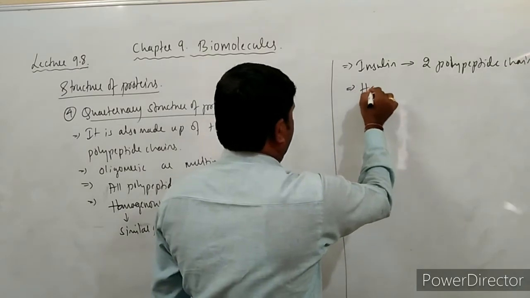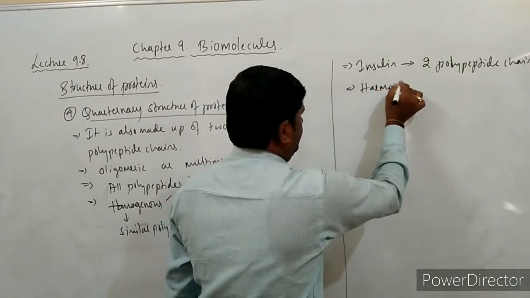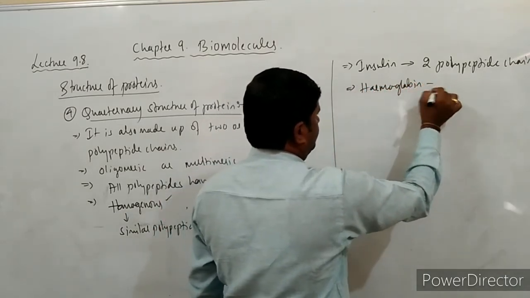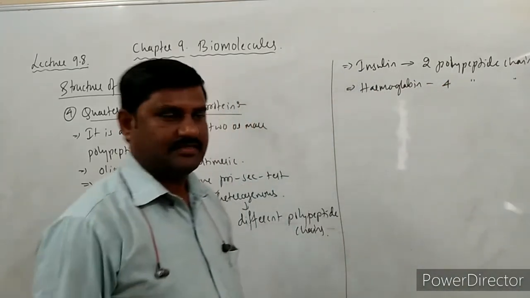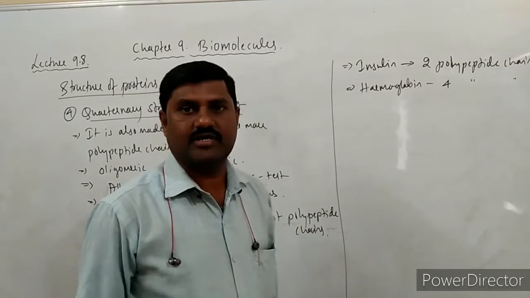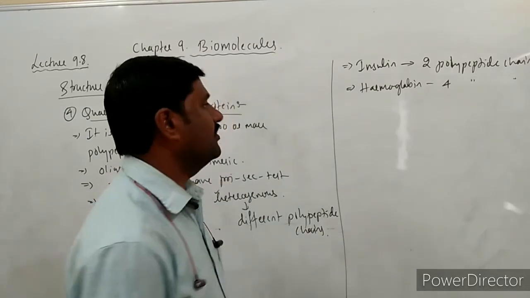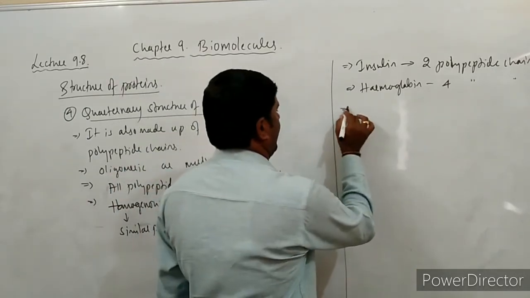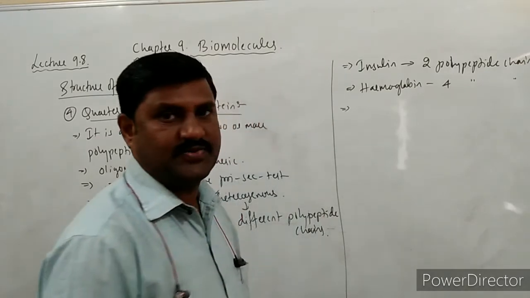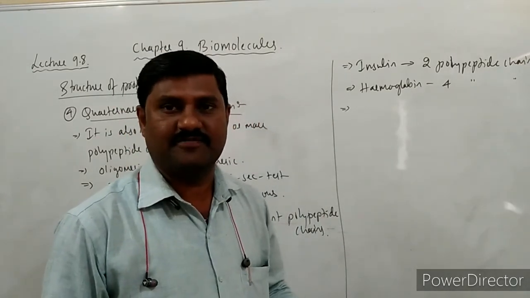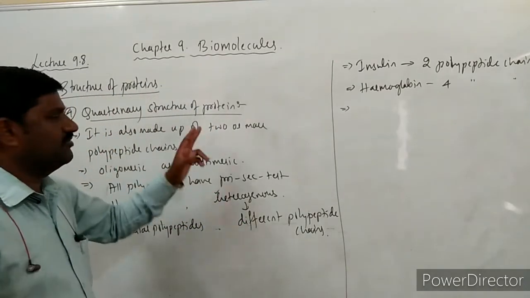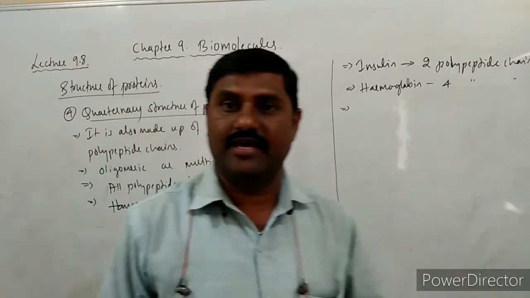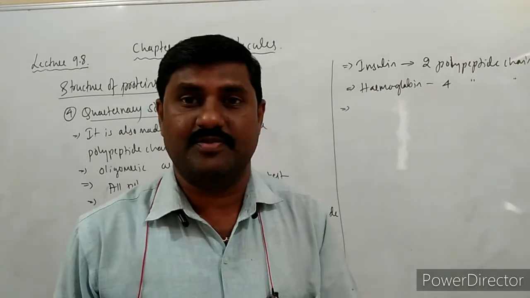And hemoglobin is made up of four polypeptide chains. These are quaternary structure protein molecules. Apart from this, structurally, what are these quaternary structure proteins responsible for?